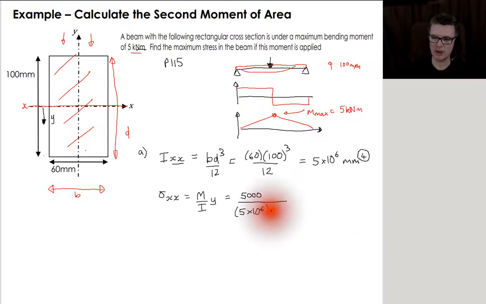So multiply this by 1 times 10 to the minus 12, which is nice because your 6 is going to become minus 6. And then let's put in the y value, and as I said, it doesn't matter if I go up or down, I'm going to get 50 millimeters. So 50, going to work in SI units.